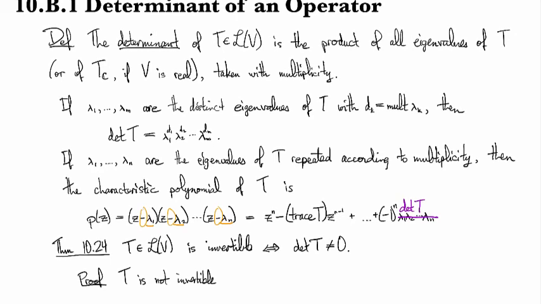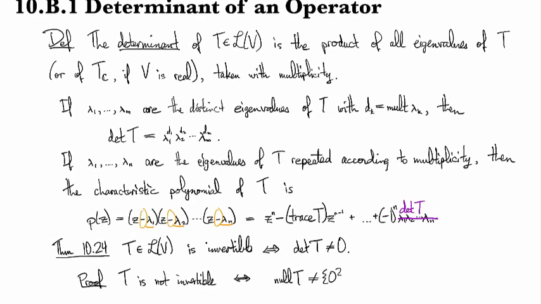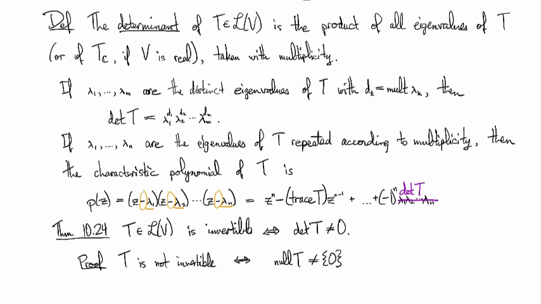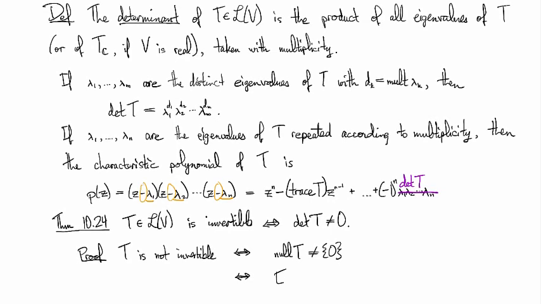Well, T is not invertible if and only if the null space of T is not just 0, in other words, if it's strictly larger. But the null space of T is the same thing as the eigenspace of 0.